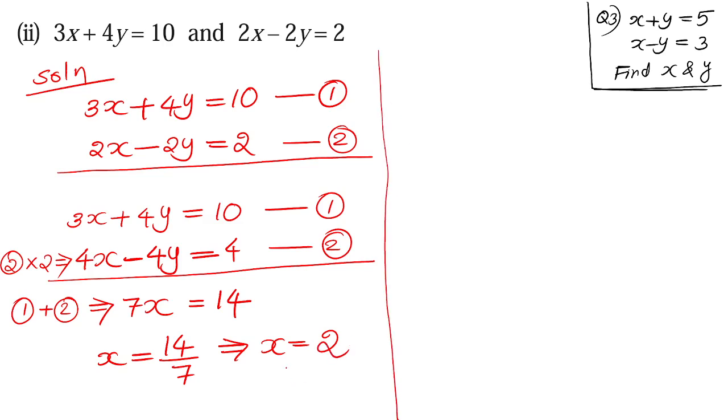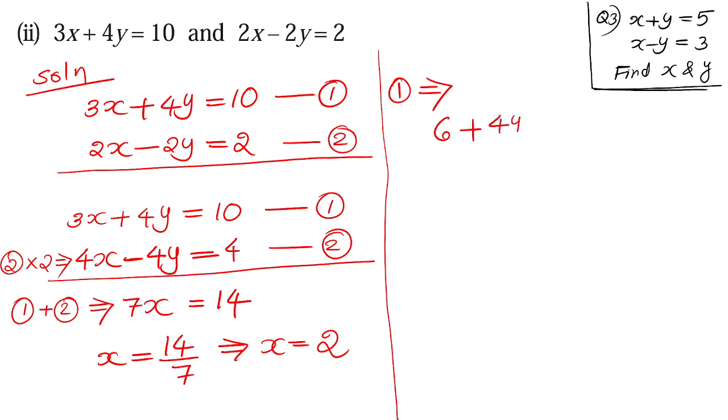Now substitute the value of x equal to 2 in any of the equations. Whichever equation you select, your answer will be the same, okay? I am going to substitute x equal to 2 in the first equation. This becomes 3 into 2, which is 6. Plus 4y equal to 10.